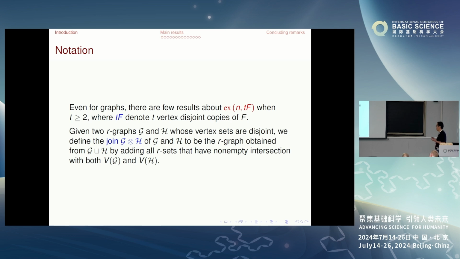I mean that when G and H are graphs, this is graph G and this is our graph H. We connect all the vertices from G and H, so the join is a complete bipartite graph. Okay.